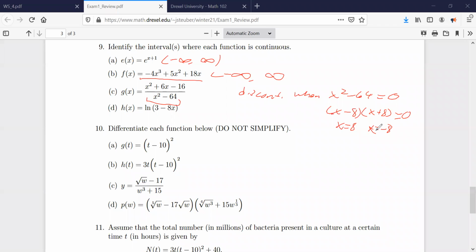Cool. So it's discontinuous there, which means it's continuous on negative infinity to negative 8, negative 8 to 8, and 8 to positive infinity.